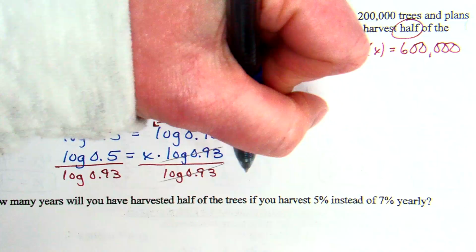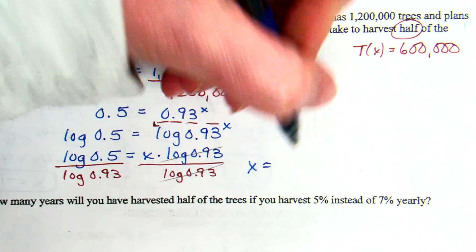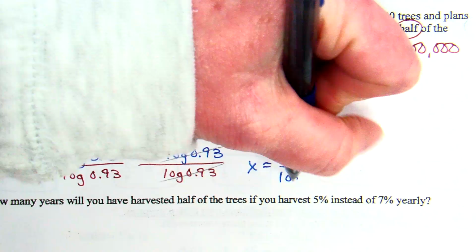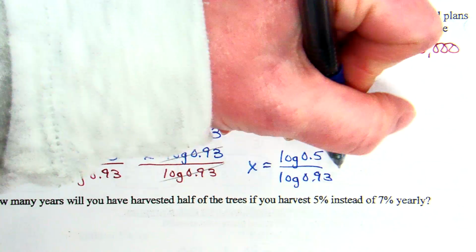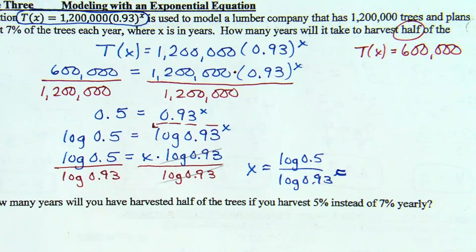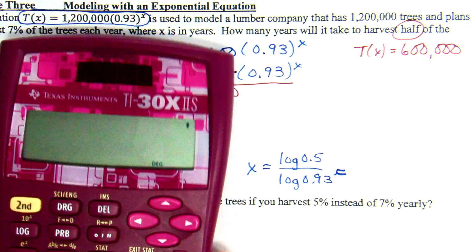Okay. Do the calculator math. Whatever log of 0.5 divided by log of 0.93 is.